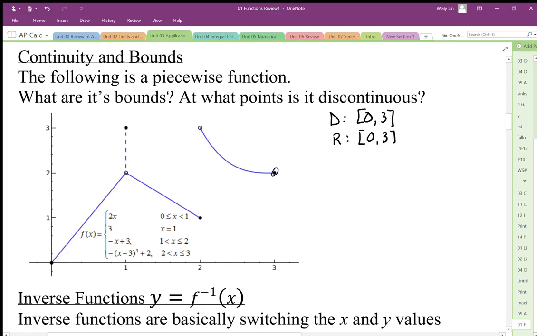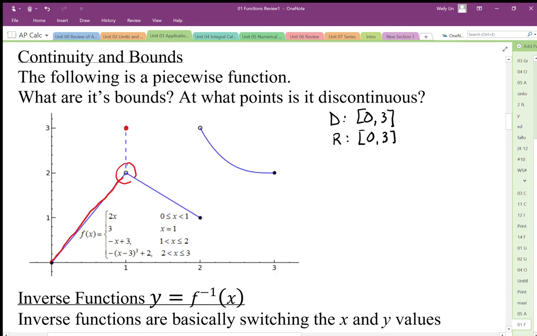Now, this is discontinuous, so we have to think of what's happening here. This issue of continuity is important. At this point here, at x equals 1, if I were to draw this, I have to lift my pen up and then draw there.